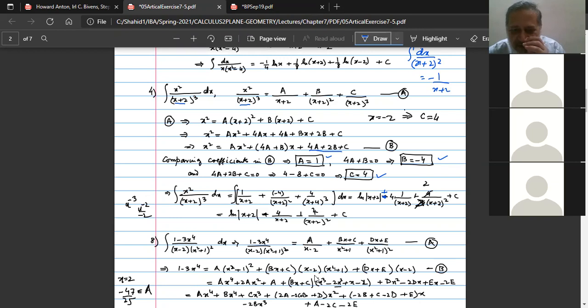The third one is also a power integral, 4 as it is, and this will be minus 1 upon 2 times x plus 4 whole square. So minus 1 upon 2 into 4 cancel हो जाएगा.